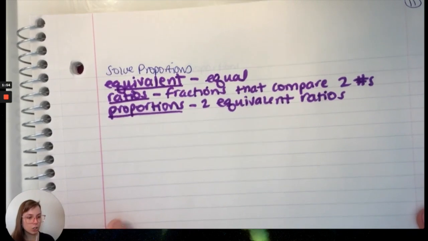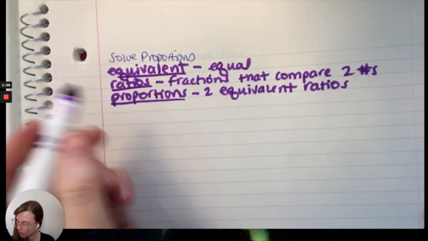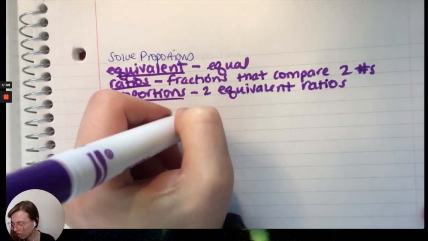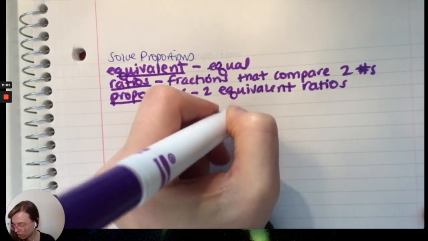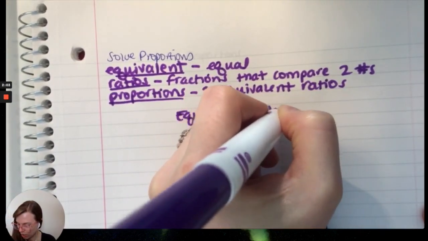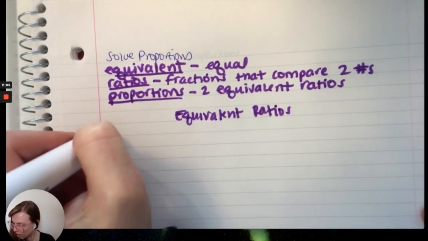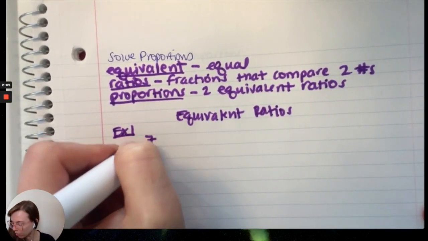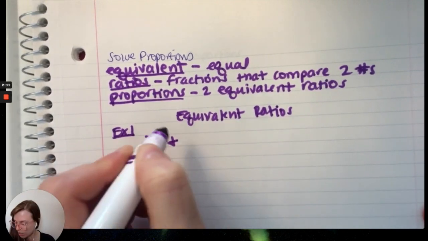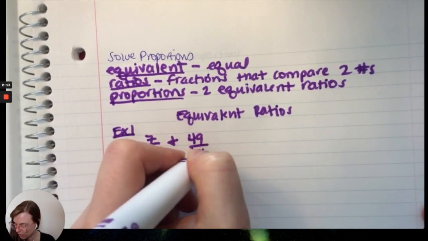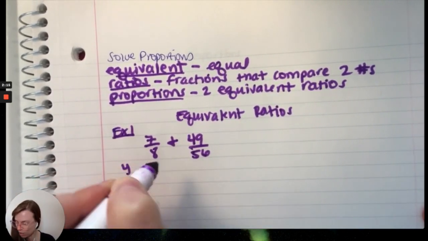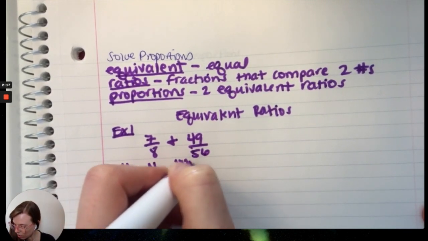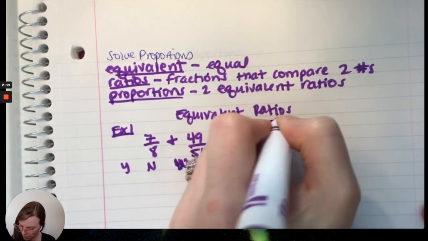Okay, so we're going to draw a big box, and we're going to call these equivalent ratios. Example 1, so this is just a bunch of copying, and then we'll go over it. 7/8 and 49/56. Yes, no, why?